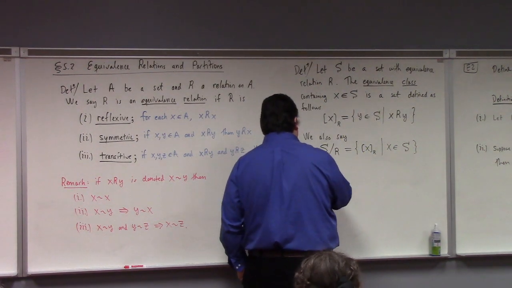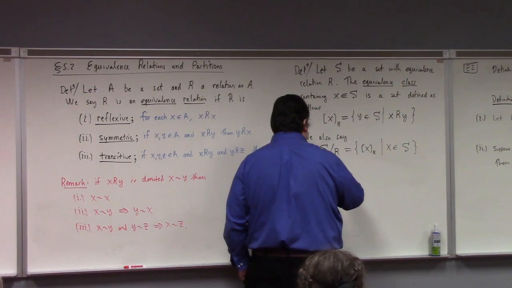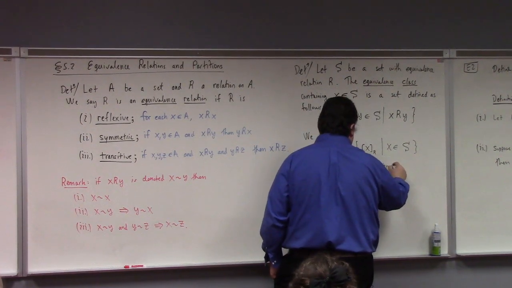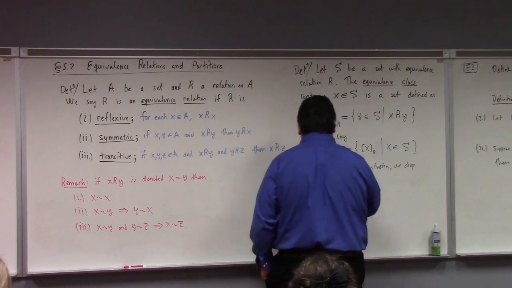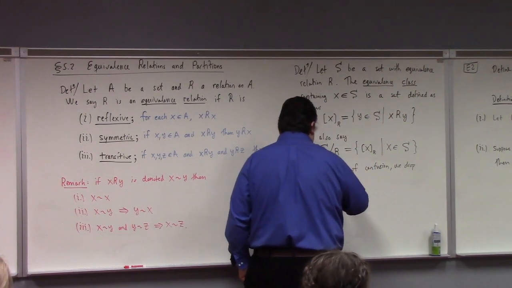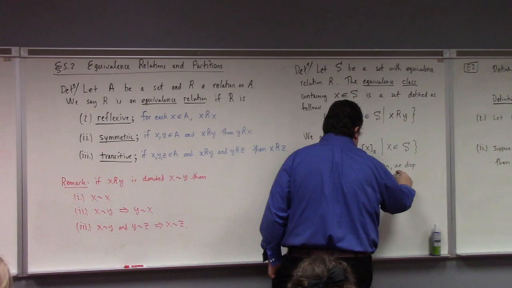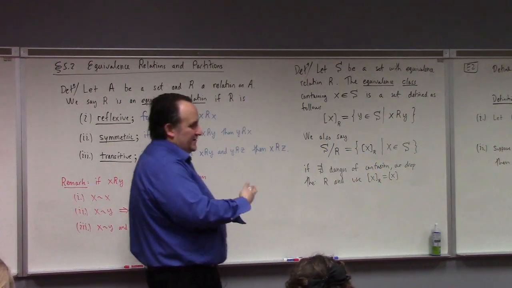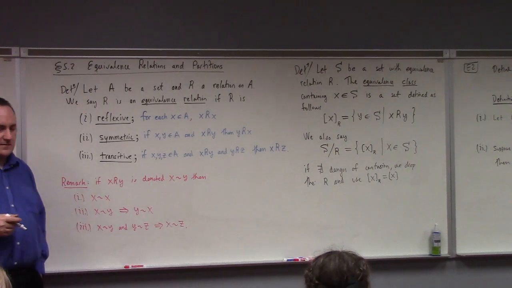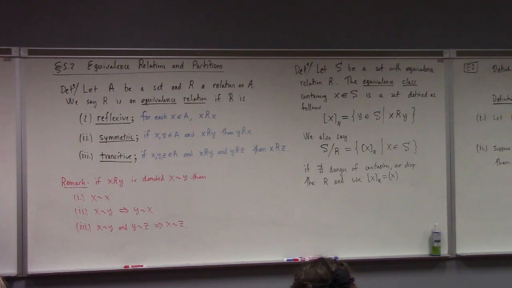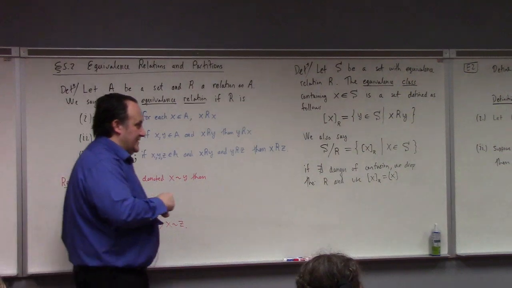And if there's no danger of confusion, we drop the R and use bracket X sub R just equals bracket X. In fact, there are a few other notations which are sometimes used that are particular to a certain context of this idea. But just as a generic notation for this course, we'll use brackets, bracket X sub R, to denote the equivalence class containing X.